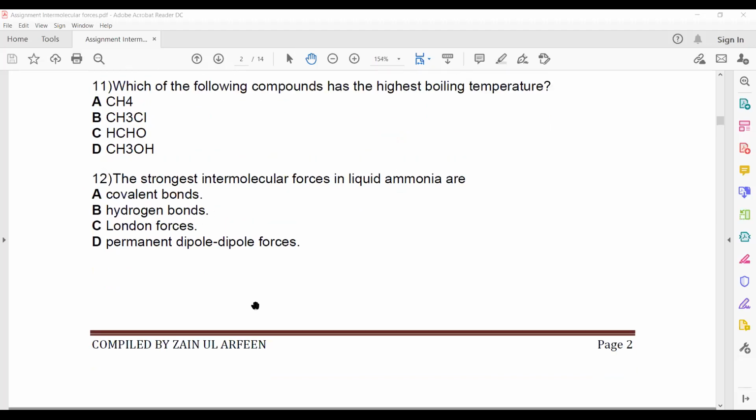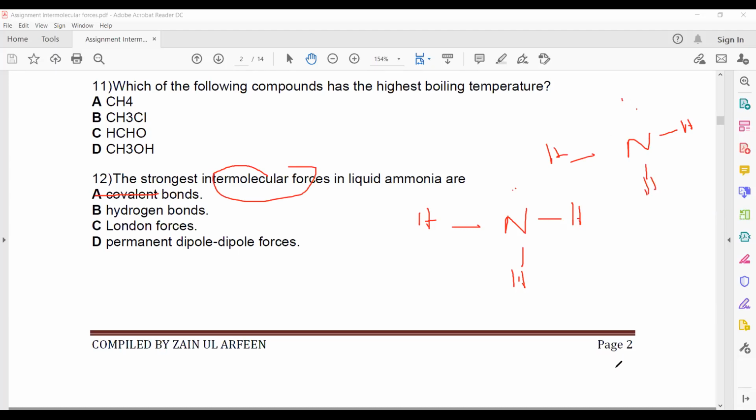Strongest intermolecular force in liquid ammonia. Covalent is intramolecular, meaning within the molecule, so it cannot be the answer. Within the molecule a covalent bond is there and it is stronger, but in the question they are not asking about intramolecular, they are asking about intermolecular, meaning between two molecules of ammonia.